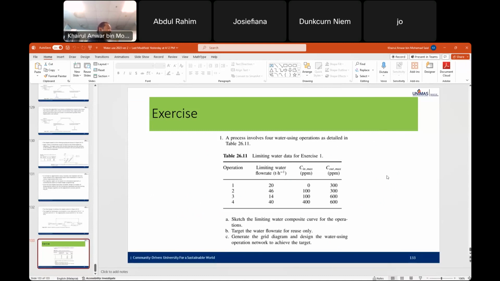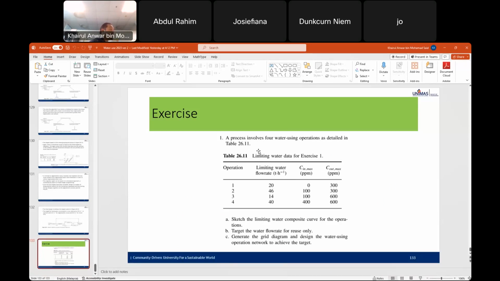So for this exercise, a process involves 4 water using operations as detailed in table 26.11. Later you need to know how to construct the composite curve and to target the water flow rate. This is for reuse only, for regeneration.